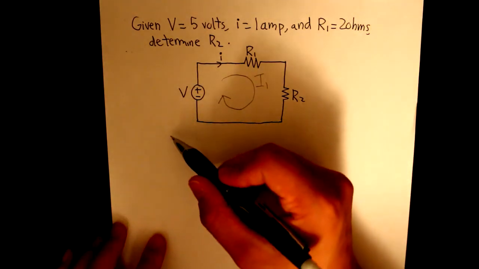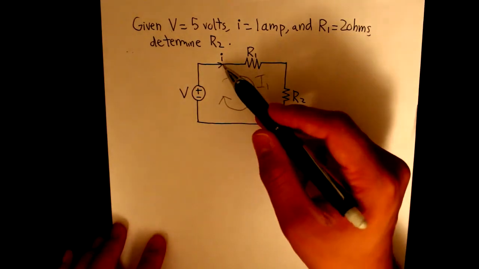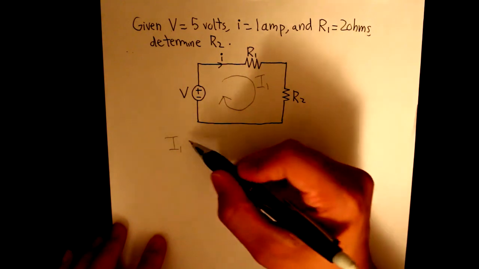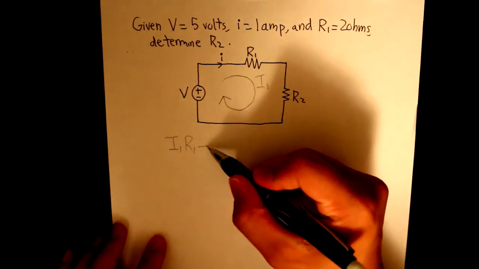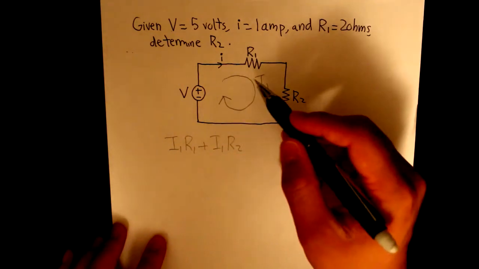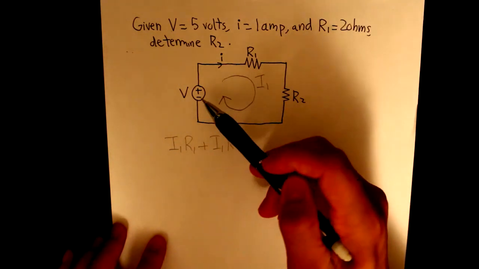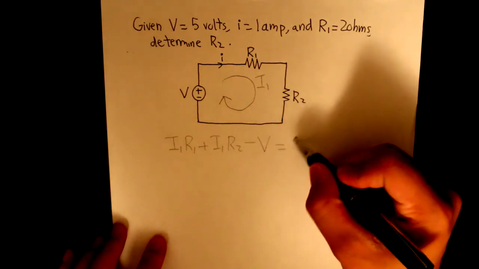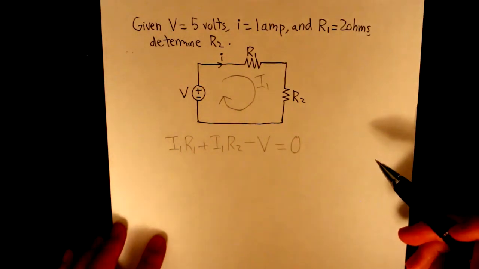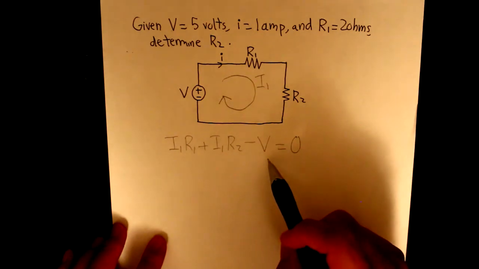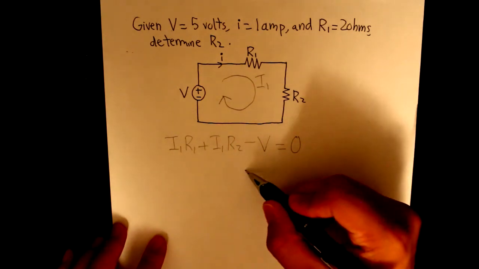So we get I1 times R1 plus I1 times R2, and then the path is entering through the voltage source from minus to plus, so that would be minus V, and this whole KVL equation would be equal to 0. We know the voltage is 5.